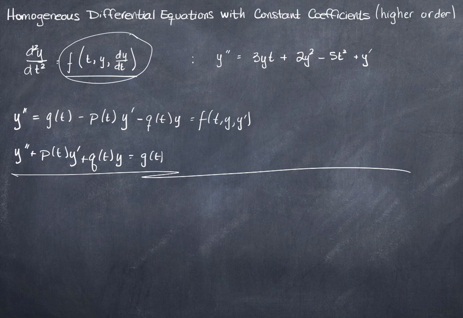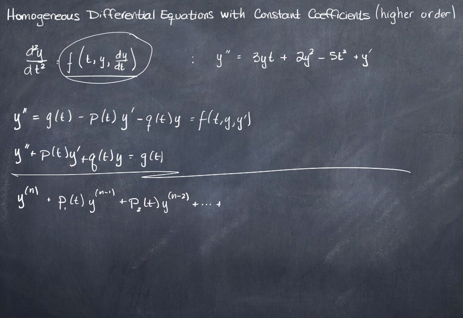If I'm not going to restrict myself to second order equations, I might have, for example, the nth derivative of y plus, let's go with our subscripts here, p sub 1 of t times the n minus 1th derivative of y plus p sub 2 of t times the n minus 2th derivative of y, and so on.